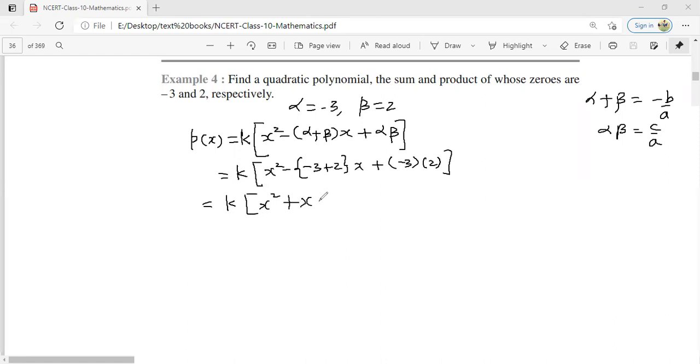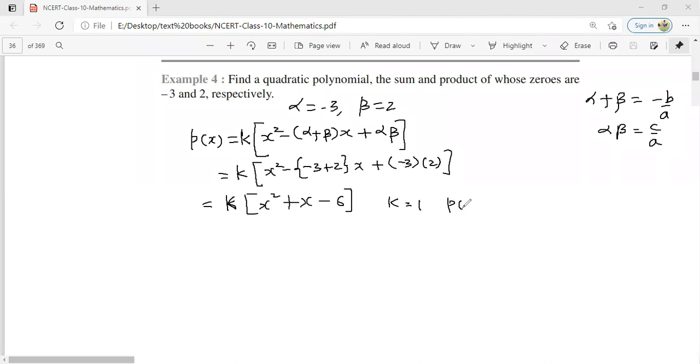So plus x minus 6. This k is a constant. It is called an arbitrary constant. We can put any value of k: 1, 2, 3, 4. Whenever there is no fraction, we can put k equal to 1.